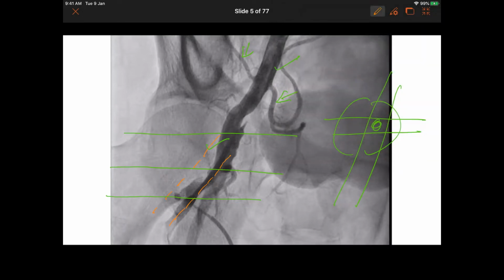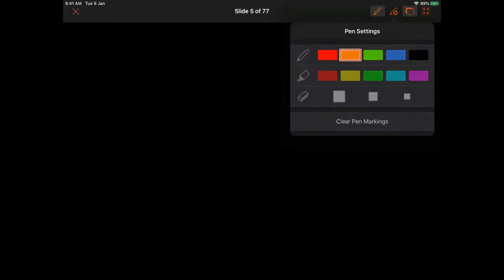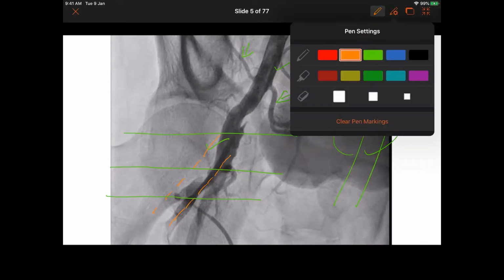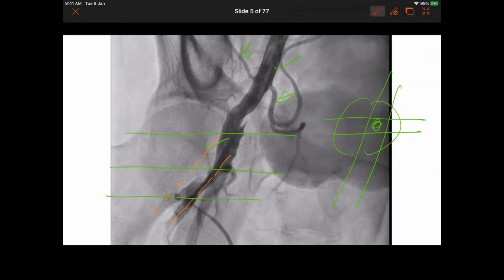And the inguinal ligament marks the border between the pelvis and the groin. The inguinal ligament lies here, and it extends from the anterior superior iliac spine to the pubic tubercle.